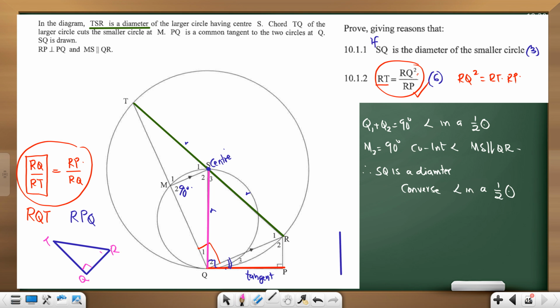I already have 1 side that is equal to each other. This is R, this is Q, and this is P. Already I have angle P is equal to angle Q. You just need to find 1 more. Please find 1 more for me.